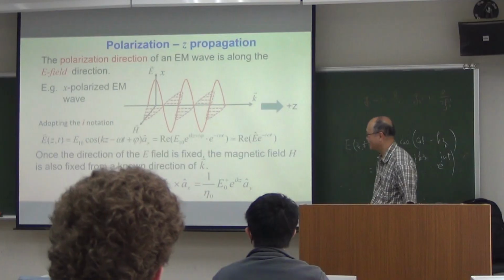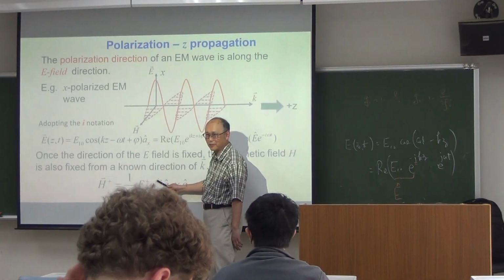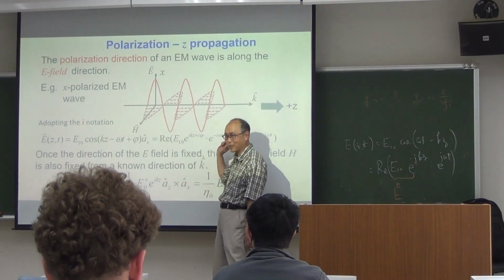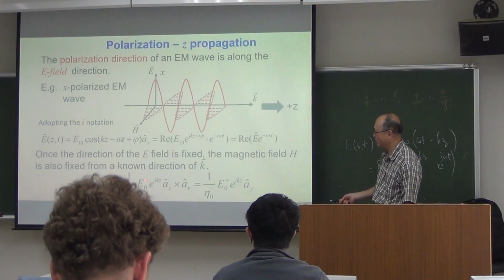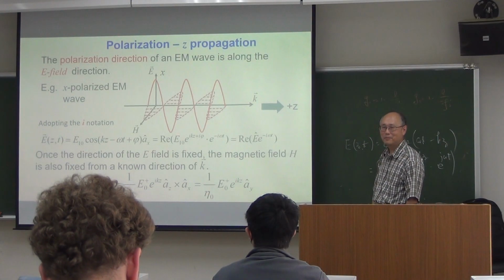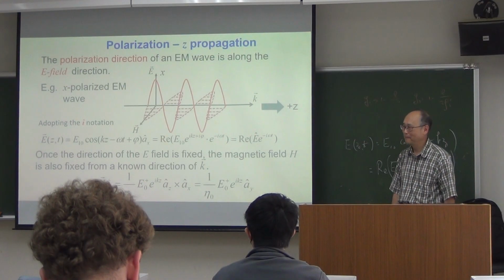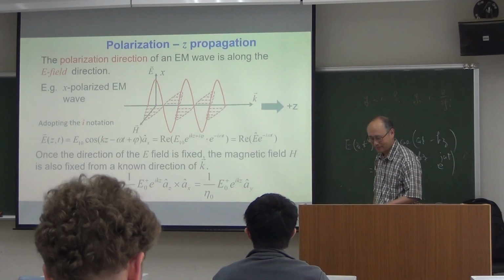You don't struggle with the engineering notation where you have minus j right here to tell yourself that the field is propagating along the plus z direction. You have a plus sign here, you have a plus sign here. Why not? Let's just adopt this i notation. All right. Any question about this? All right.